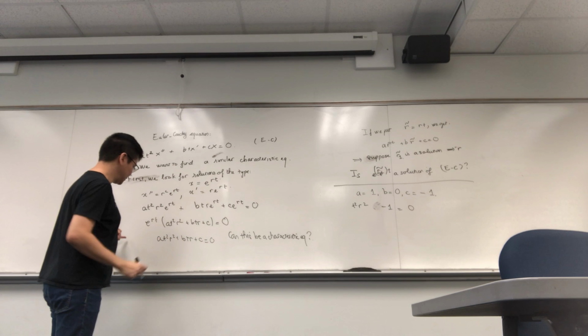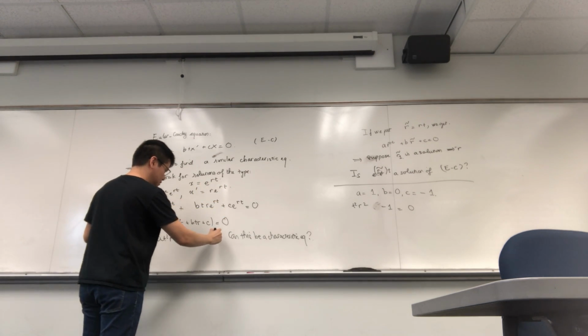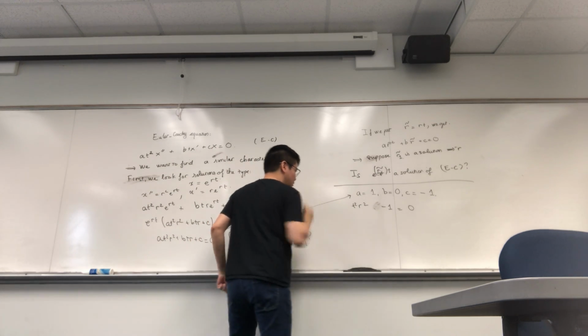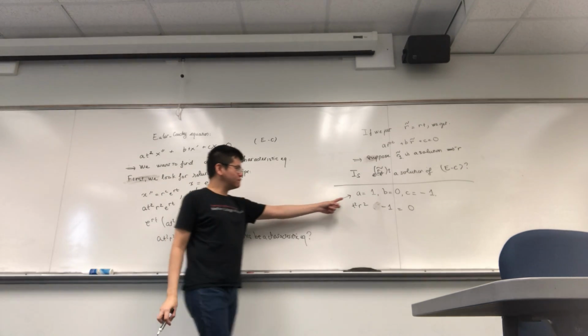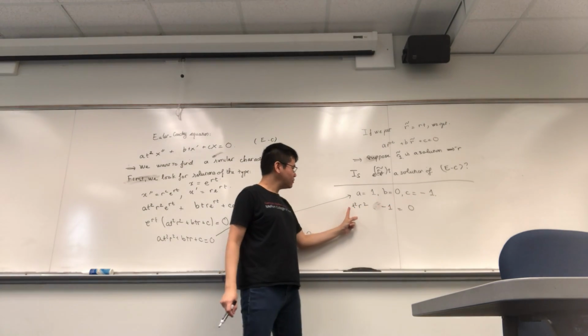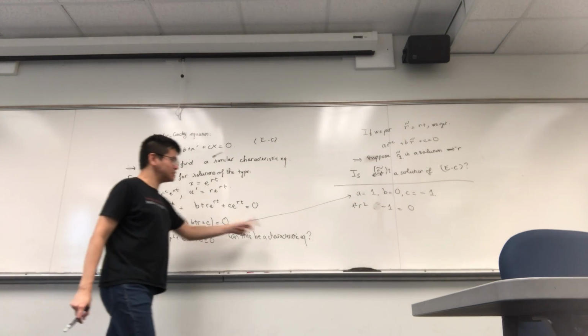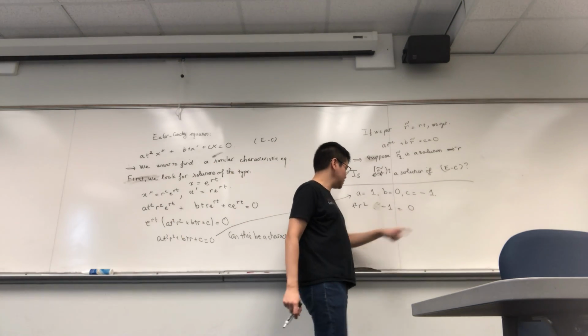So I consider a special case: A is 1, B is 0, C is minus 1. Then I plug it into this equation and I get r squared t squared minus 1 is 0.